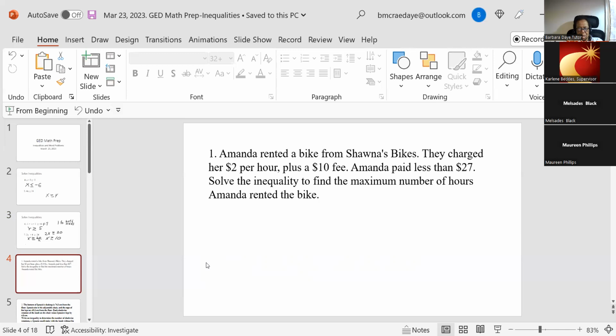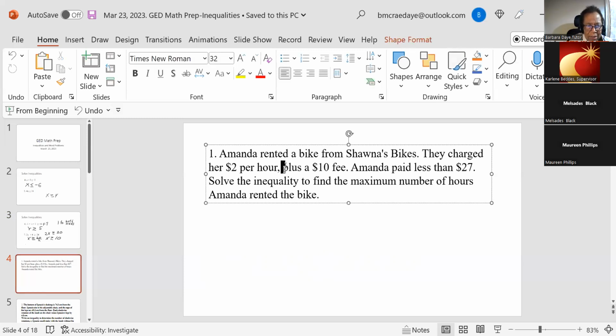Solve the inequality to find the maximum number of hours Amanda rented the bike. Okay, so you've got a fixed and you've got a variable, right? The $10 fee is the fixed, right? The $2 an hour is the variable.